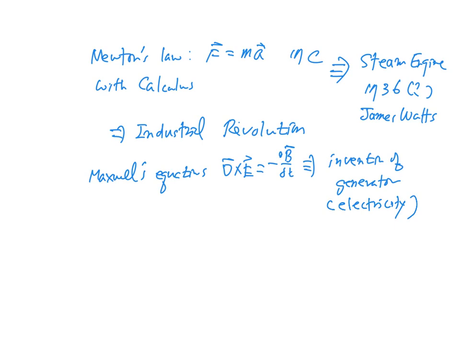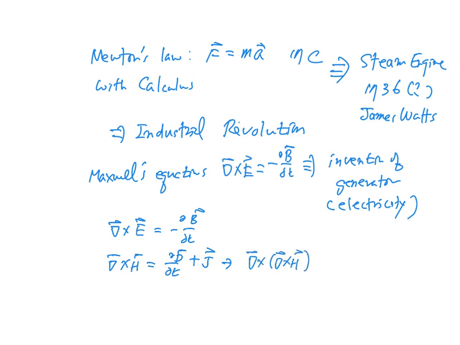Actually Maxwell discovered that. Curl E is minus partial t of B, curl H is partial t of D plus J. So Maxwell did try to use this. What happens if you take curl again?